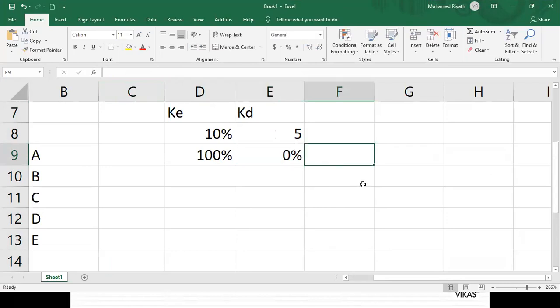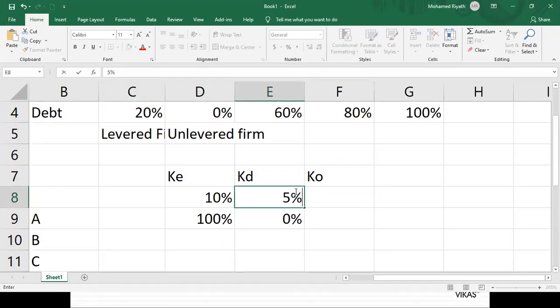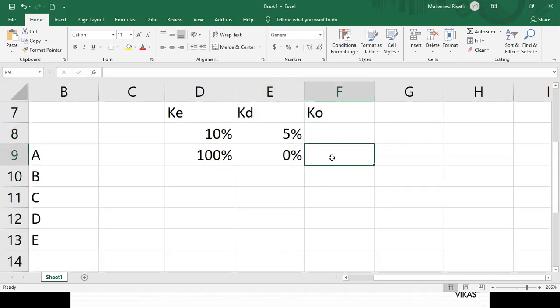So what is the overall cost of capital, KO? Anyone can tell the answer? Equity is 100%, debt is 0. What is the overall cost of capital?